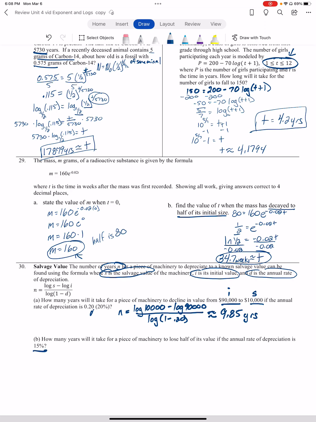So this is interesting, half of its value. So here's our formula. We have log S minus log I over log 1 minus d. We know what d is.